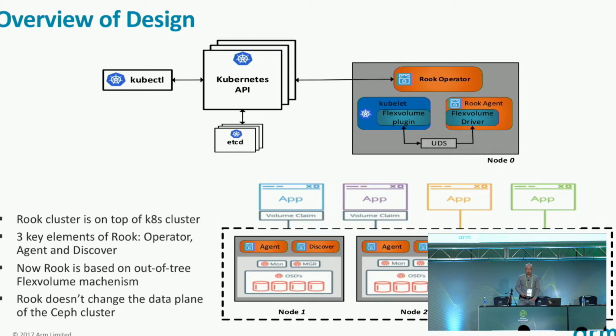The Rook operator is created by the Kubernetes mechanism, not by Rook. And the responsibility of the Rook operator is to spawn the other Rook pods, such as the Rook agent and discover pods.